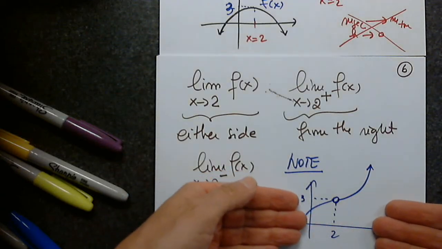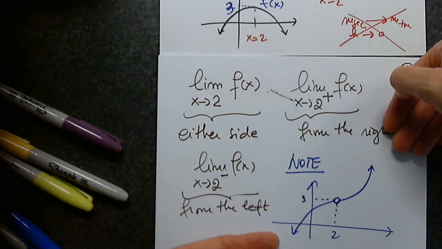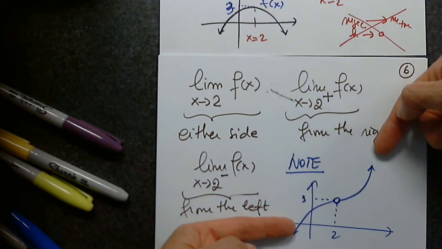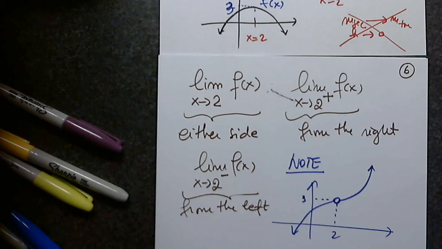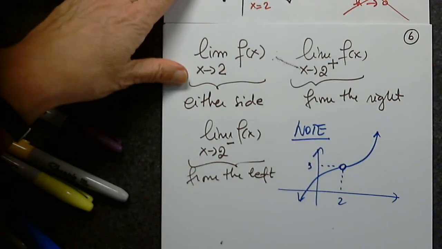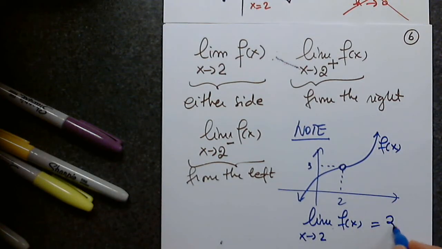We're saying as x approaches 2 from either side, the function values, we're not saying they're equal. We're saying the function values approach what number? 3. The function does not have to be defined at that point. It's fine if it is, but if it isn't, it's fine too. So in this case, the limit of function f of x, which is this, as x approaches 2 from either side, is 3.